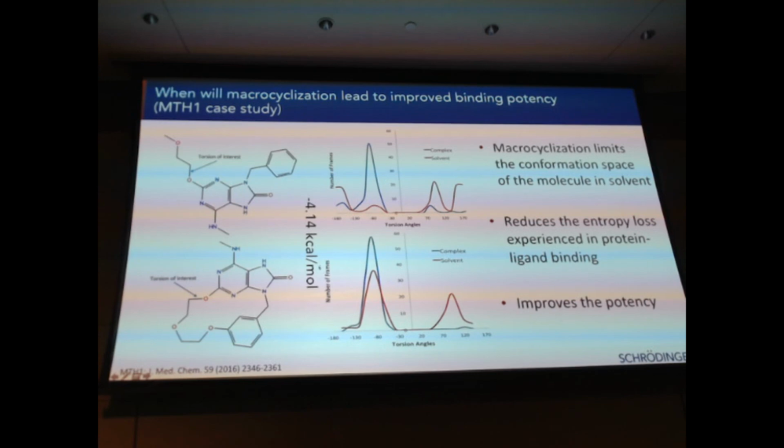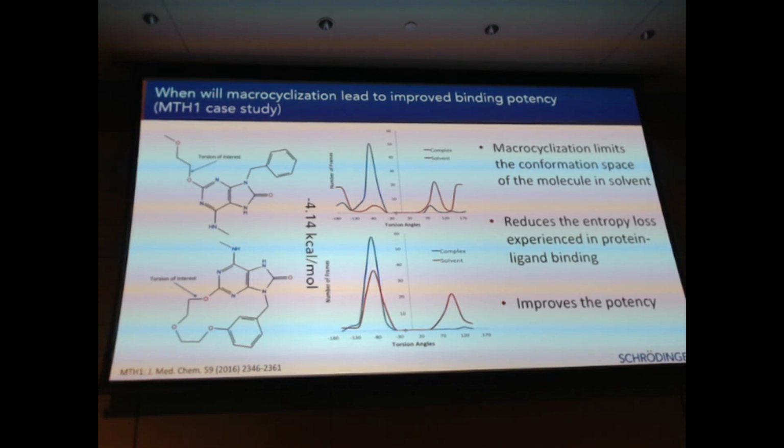Shown here, the red and blue curves are the distribution of this key torsion sampled in solvent and complex. The upper panel is for the linear molecule and the lower panel is for the macrocycle. By comparing those two plots, you can easily see that the two molecules sample roughly the same conformational space in the complex.